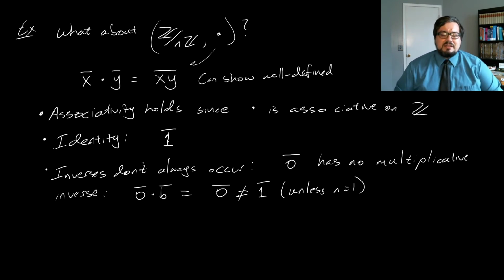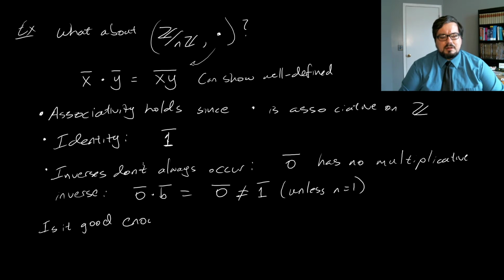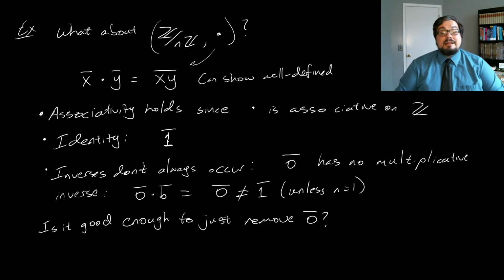One of the things we did is we tried just getting rid of 0. So we can ask, well, is it good enough to just remove 0 or 0 bar? And an example will show that, unfortunately, the answer is no in general.